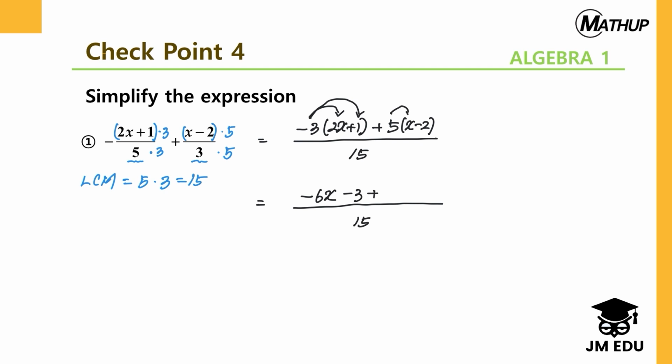Plus 5 times x, 5x. 5 times negative 2, that's negative 10, right? So here we have like terms, x terms here, constants here. So if we simplify this, negative 6x plus 5x is negative x. Negative 3 minus 10 is negative 13 over 15. We're done for number 1.